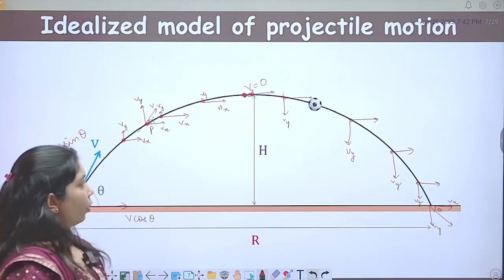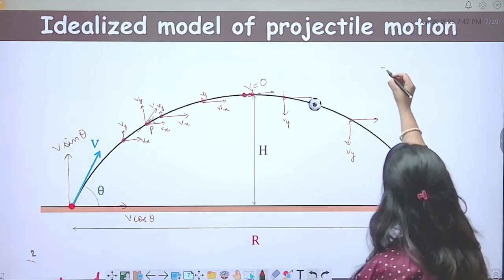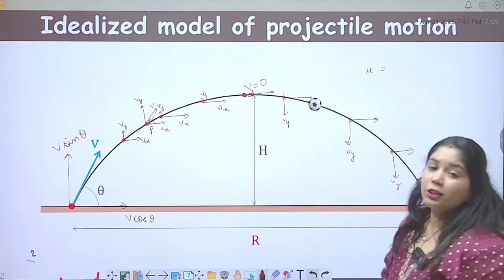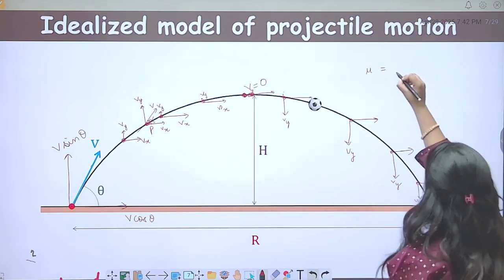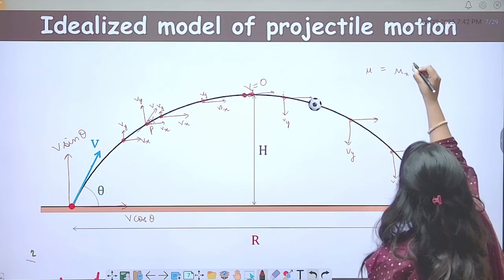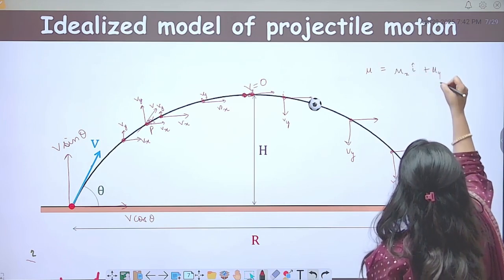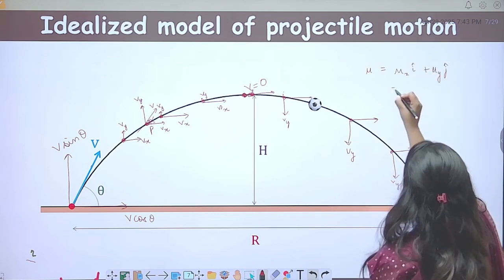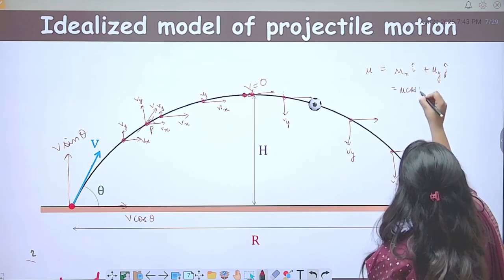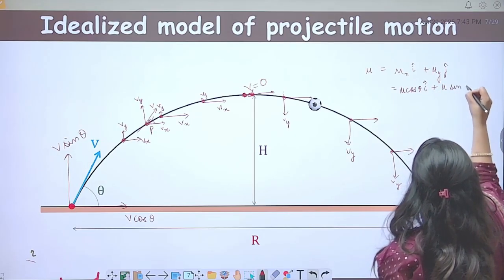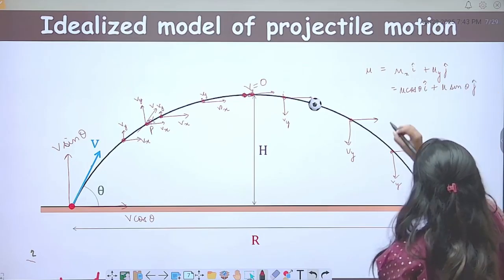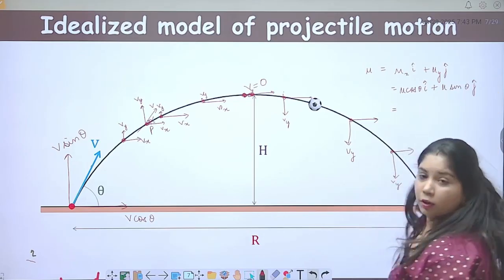The initial velocity of projection is ux i cap plus uy j cap, that is u cos theta i cap plus u sin theta j cap. Clear?